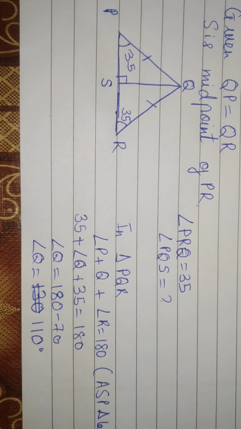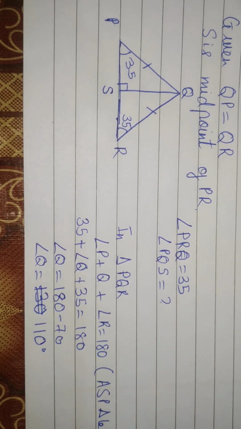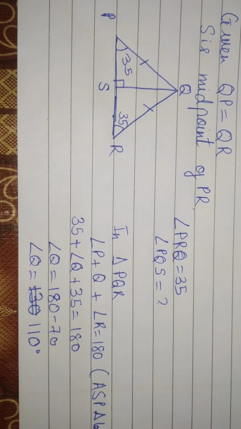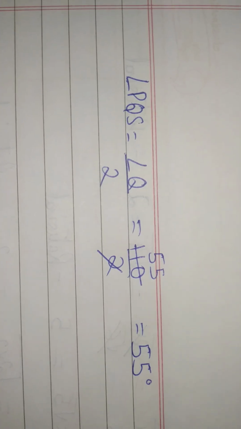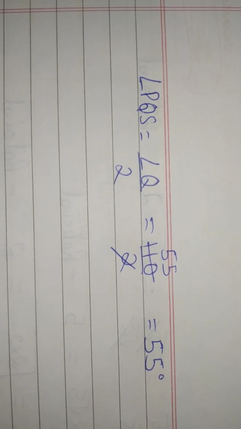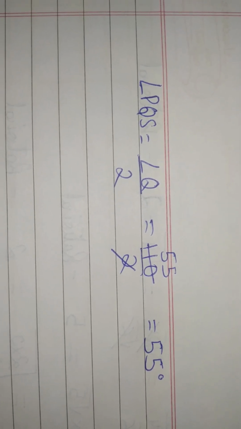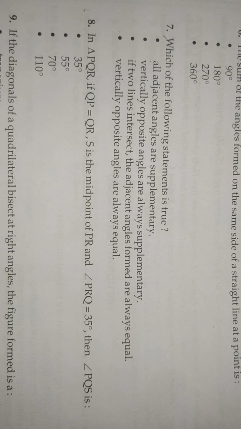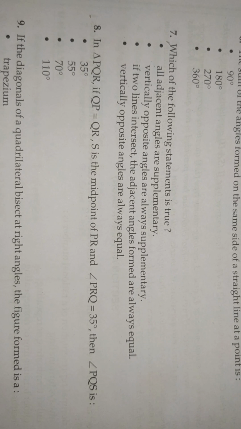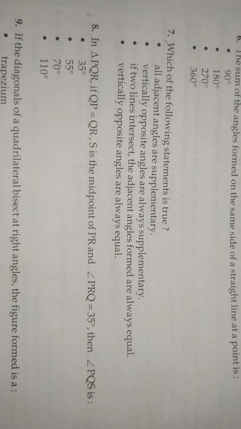From there we can find angle Q. So angle Q, how much did we get? 110. But angle PQS is equal to angle Q upon 2. If I cancel, I will get the answer 55. So the correct answer will be option 2.